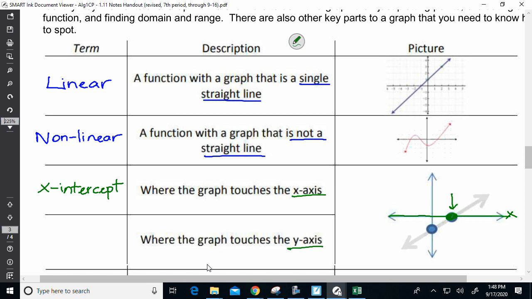Similarly, if it touches the y-axis, that is called the y-intercept. So you have a y-intercept and an x-intercept.